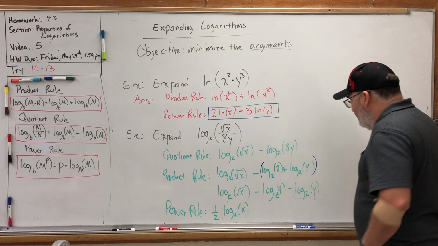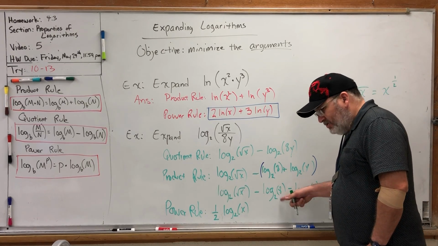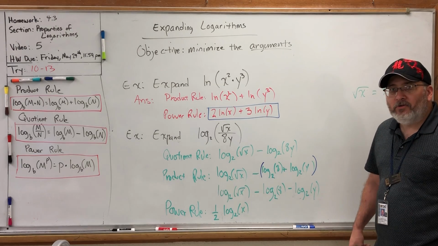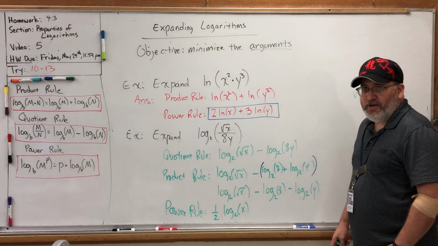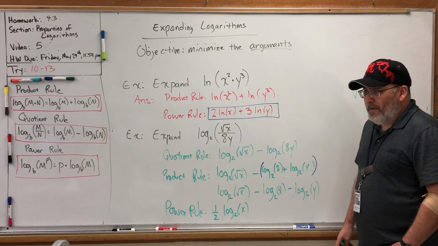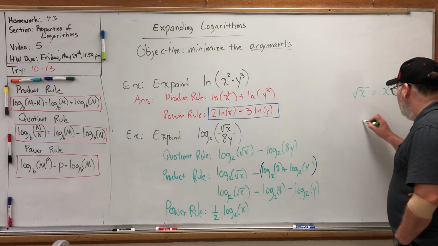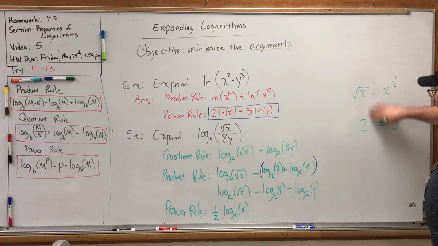Now, before I write the last two, some of you might be going, I know the answer to this. Good. Any numerical logarithm, you should ask yourself, can I answer it without a calculator? Log base 2 of 8 is asking the question, what power turns 2 into 8? Well, what power turns 2 into 8?